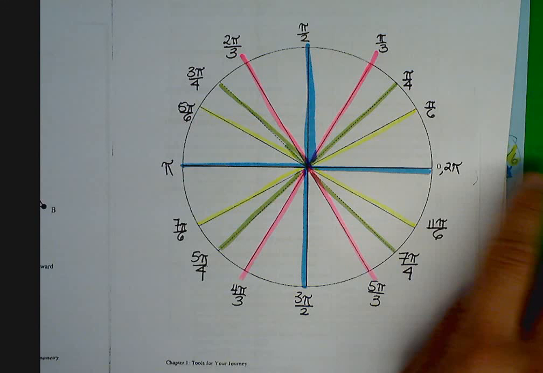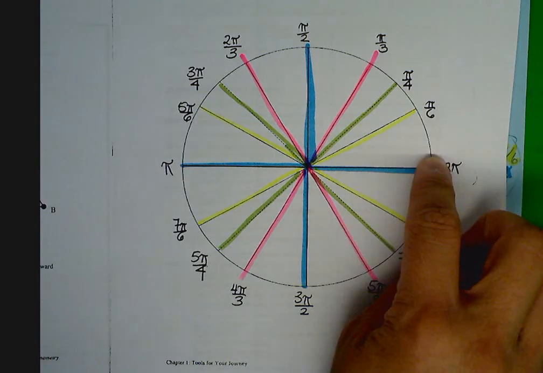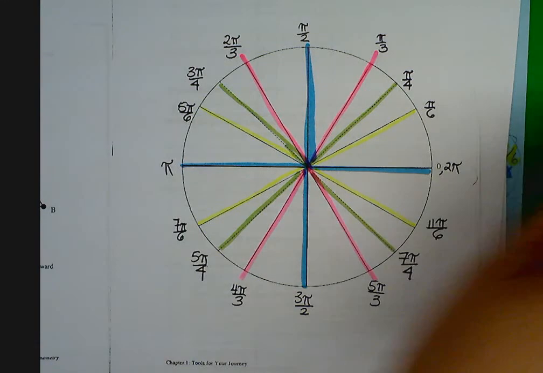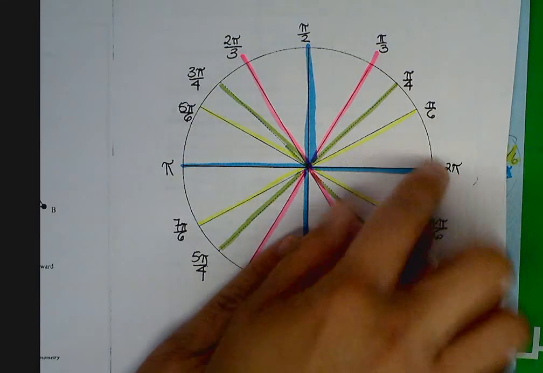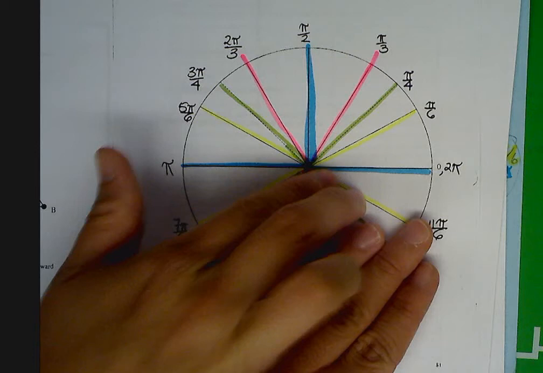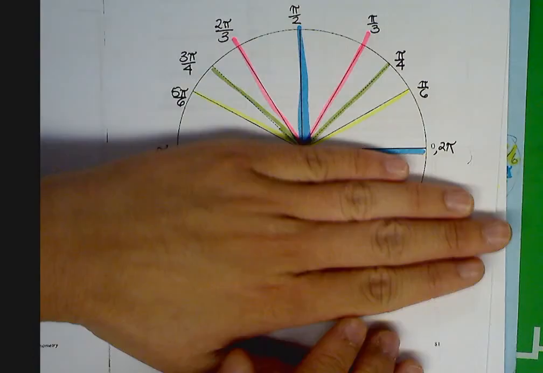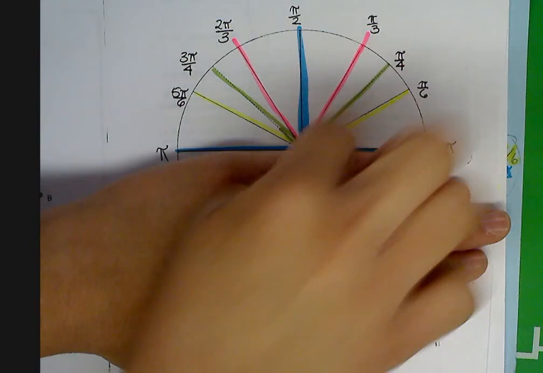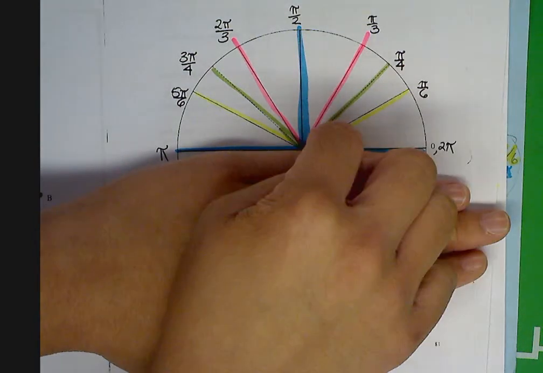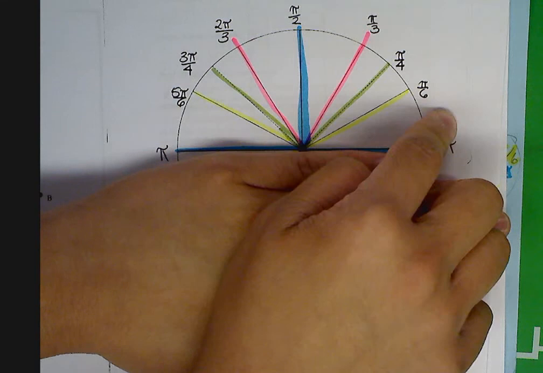Does this make sense? Let me repeat it one more time. Don't just memorize it like that. I know how to do thirds because I took 1 whole pi and cut it into 3, which gives the pink lines. If I cut the pink lines in half, I get the yellow line, and half of a third is a sixth.